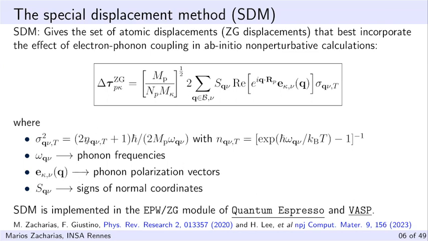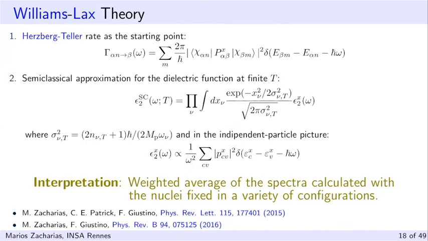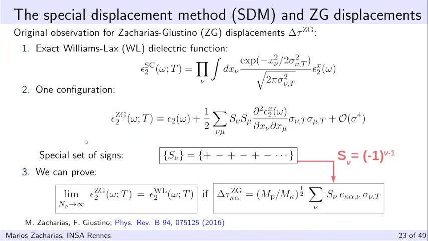And this comes from the Williams-Lax theory. If you go here to the Williams-Lax theory, you have this integral of the dielectric function, and the Gaussians are defined, the widths of the Gaussians are defined by this sigma.